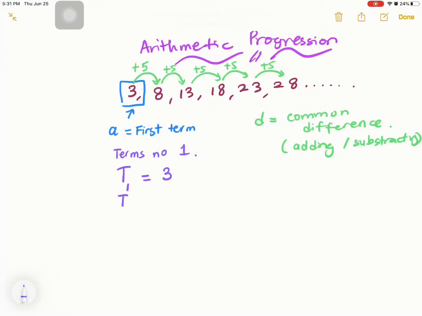So let's do the second term. If we want to find the number in the second term, we say that 3 needs to be plus 5, then we will get 8. So 8 is T2, the second term.